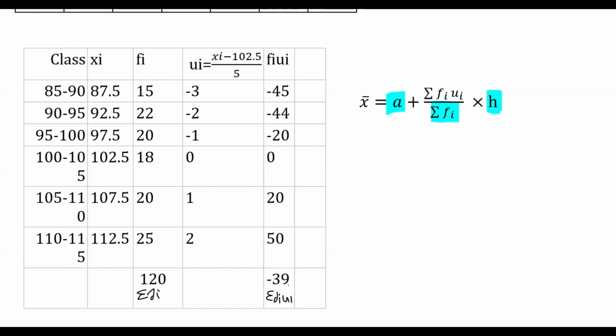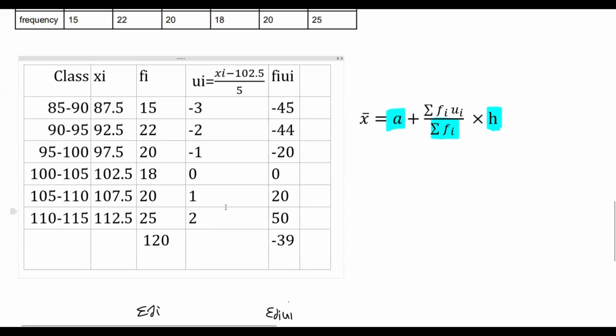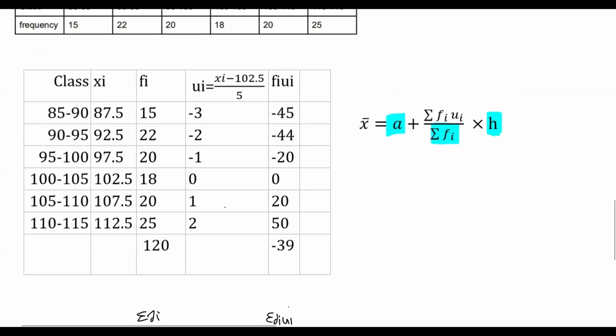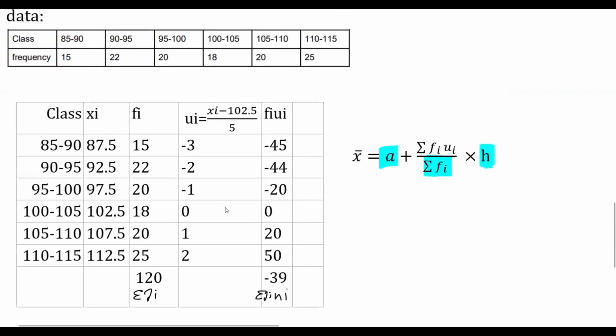Now from here onwards, I'm going to place the values. I need to correct the table once again. What we got in the first case is this is sigma Fi, and this is sigma Fi Ui. Now I'm going to place the values in the table.